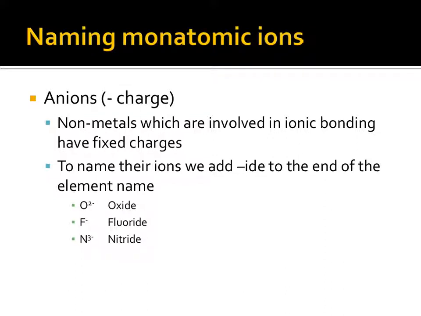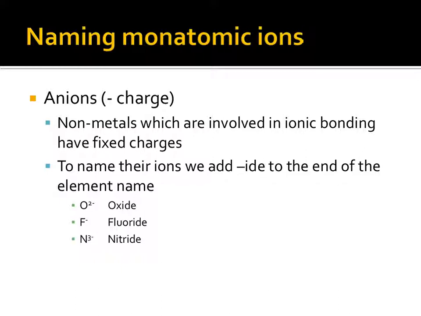Anions are nice because anions also have fixed charges. So when we name them, we just change the ending to -ide. This takes a little bit of practice to figure out where to cut off the name. Usually if it ends in like gen, oxygen, nitrogen, you take off the gen.